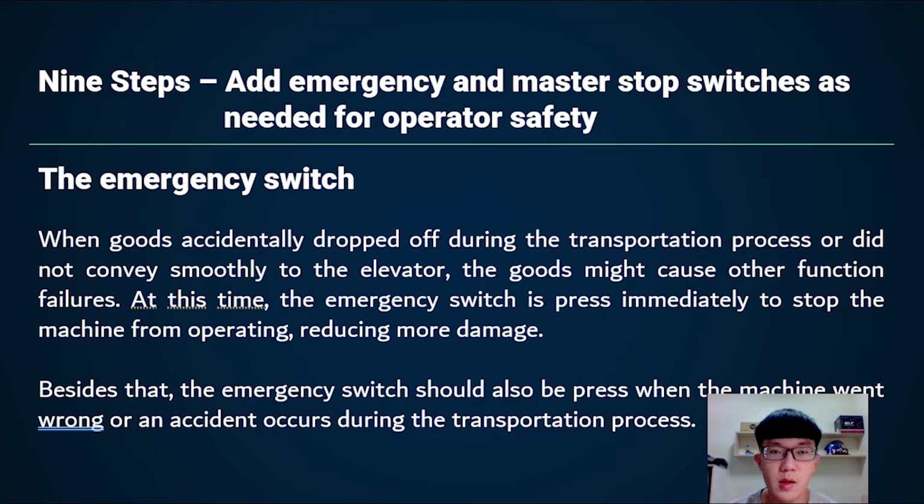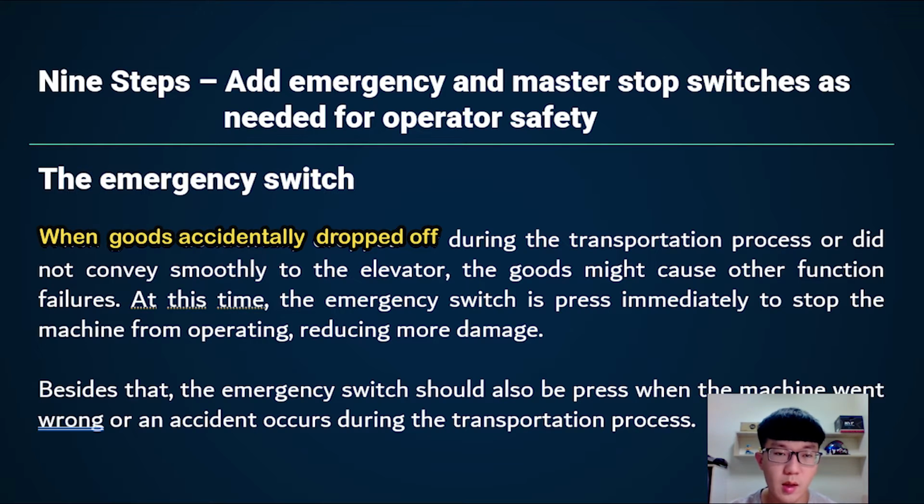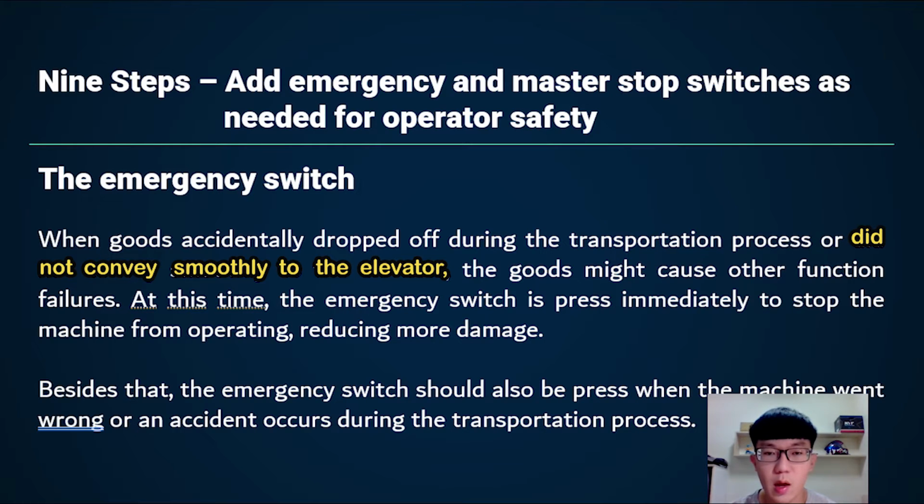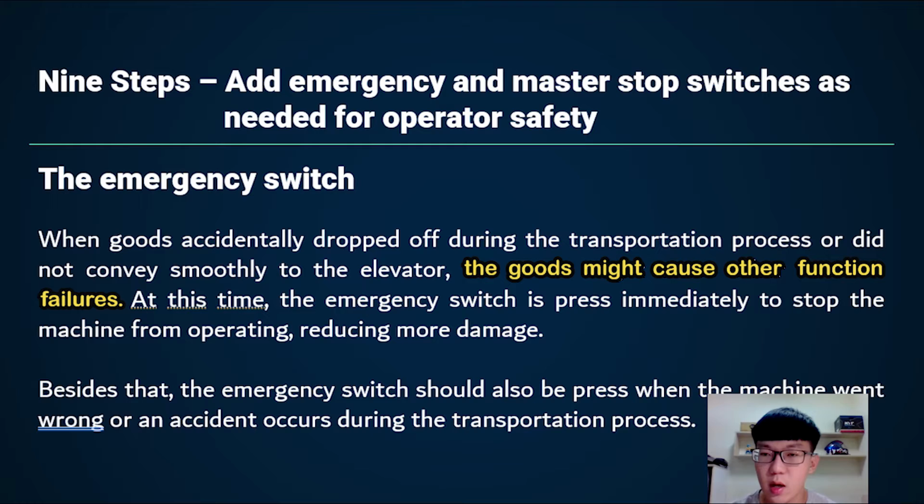Step 9: add emergency and master stop switch as needed for operator safety. The emergency switch: when goods accidentally drop off during the transportation process or do not convey smoothly to the elevator, the goods may cause other function failures.